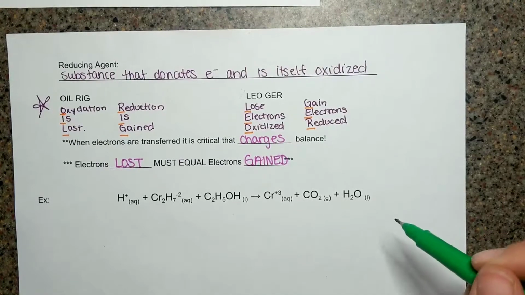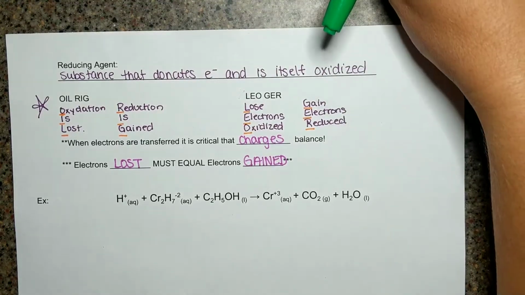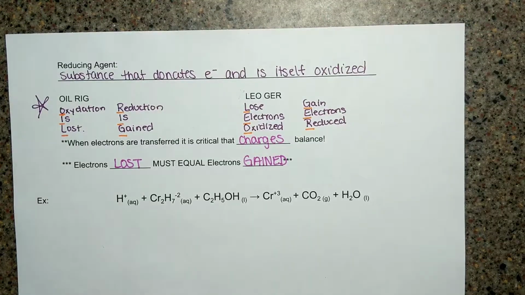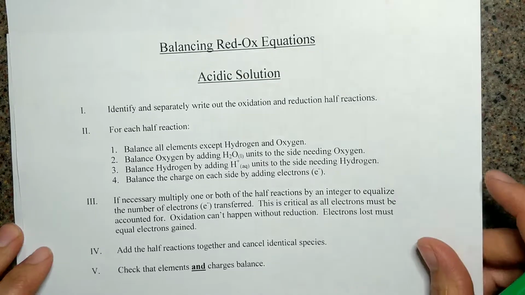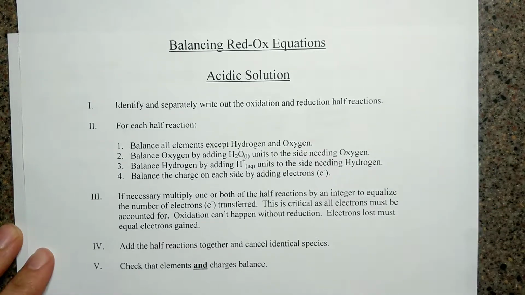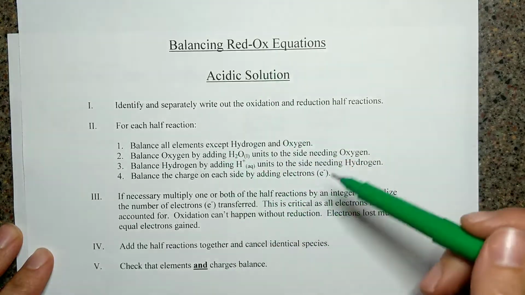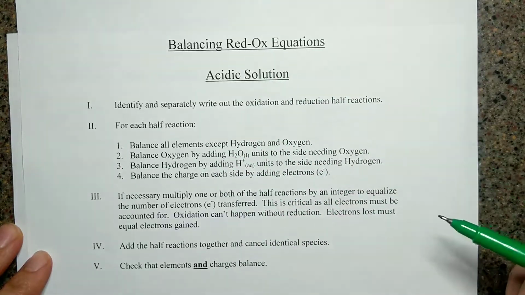So now let's go ahead and go through a redox reaction. There are balancing equation steps that we're going to follow. So if you want to have these out next to you or write these down, these are the steps that we're going to follow as we go through balancing a redox reaction in an acidic solution.